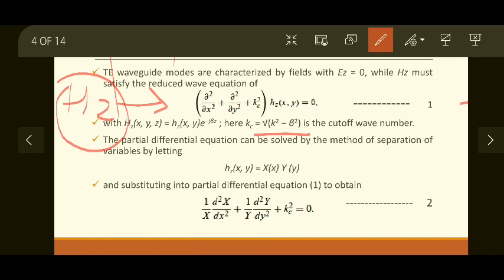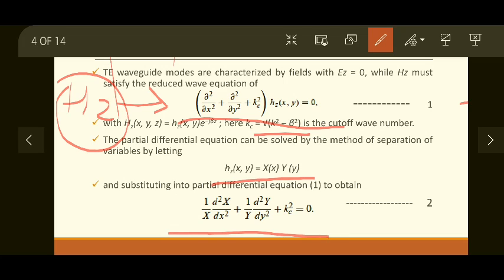To find the values of this Hz, we will use the method of separation of variables from partial differentiation, which allows us to separate x and y components. Substituting this method into our first equation, we will get this particular equation: 1 upon X d2X upon dx square plus 1 upon Y d2Y upon dy square plus a constant, that is kc square, is equal to 0.